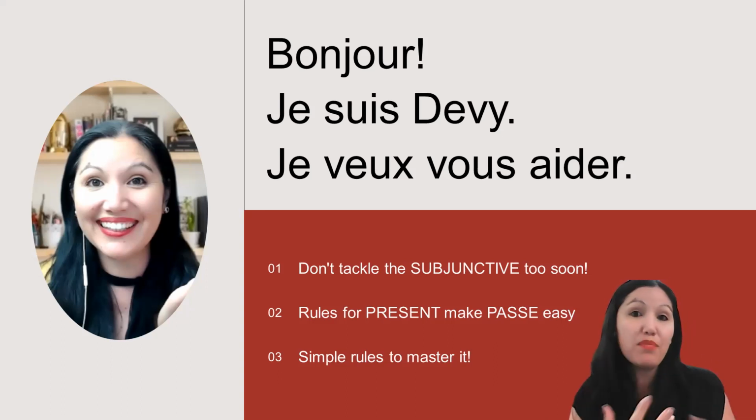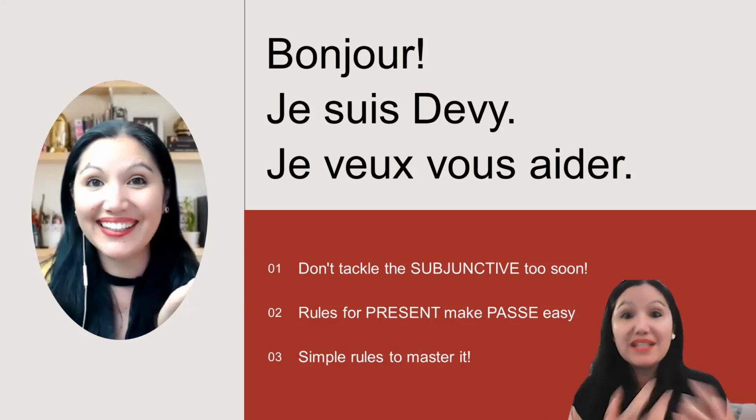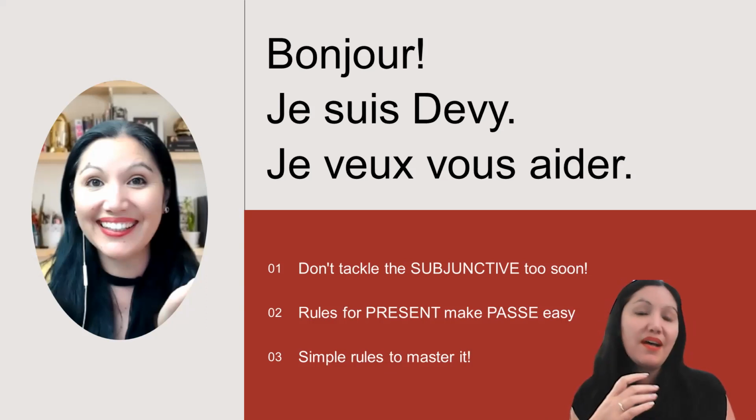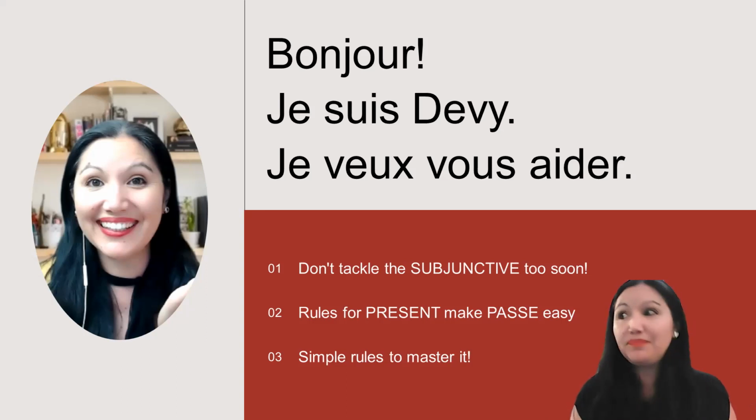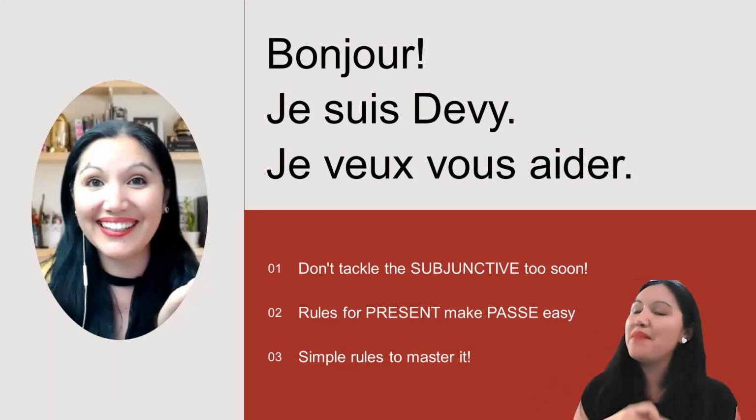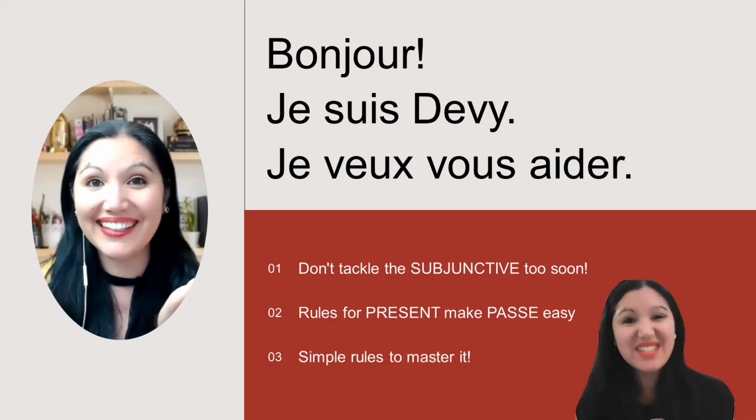You need to just be able to be transactional, have basic conversation about very obvious needs and wants, get to know people and things like that without talking about feelings that other people might have or adding doubt and possibility in your sentences. There are ways to avoid the subjunctive for quite a while. So enjoy your journey. You will get there at one point.